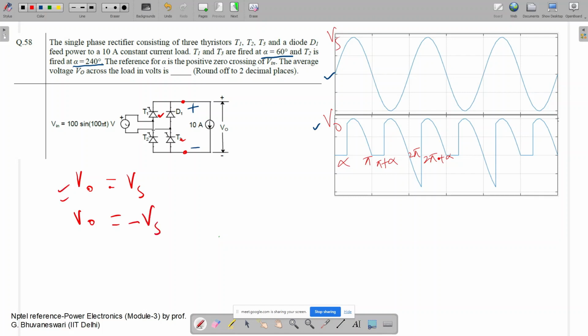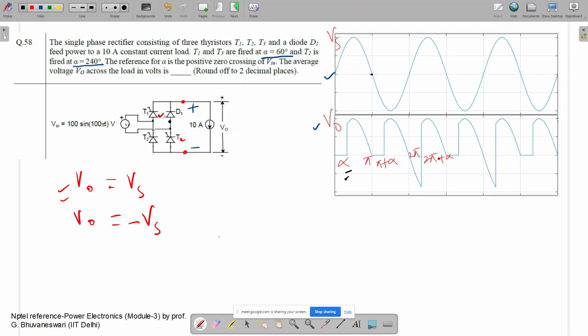Okay. So here I have drawn the waveform. We are firing T1 and T2 at angle alpha. In this case, the same source voltage will replicate at output. At angle pi, this sine wave is becoming negative, so the polarity here is plus and this is minus.